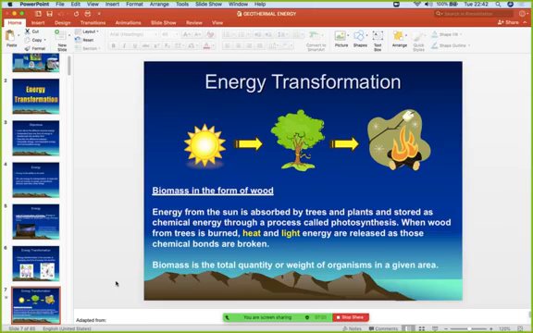Biomass is therefore the total quantity or weight of organisms in a given area. So that's the transformation from sunlight absorbed by the tree through photosynthesis, which then produces light and heat.